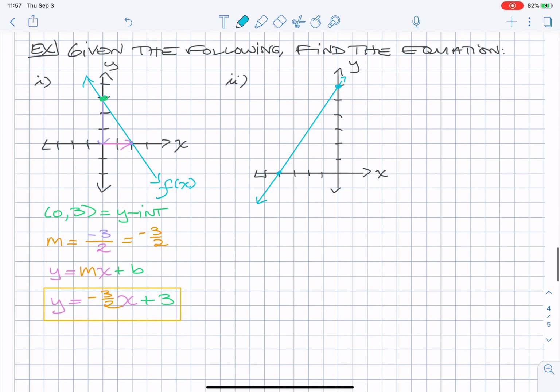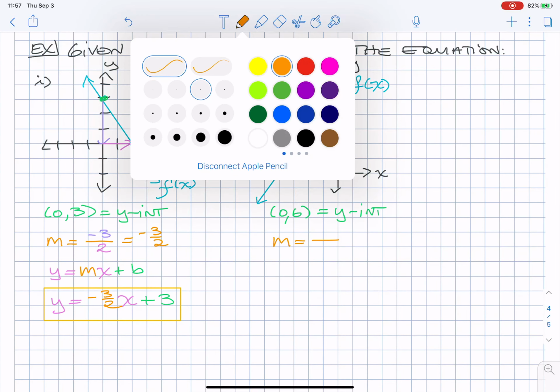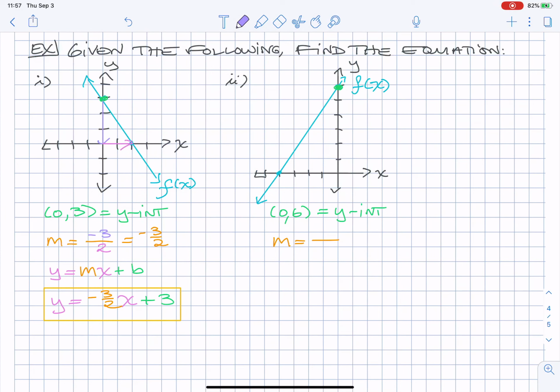Okay, so here, if this is my function f of x, my y-intercept, so 0, 6 is the y-intercept. Now my slope is going to be, well, let's go from this point down here.